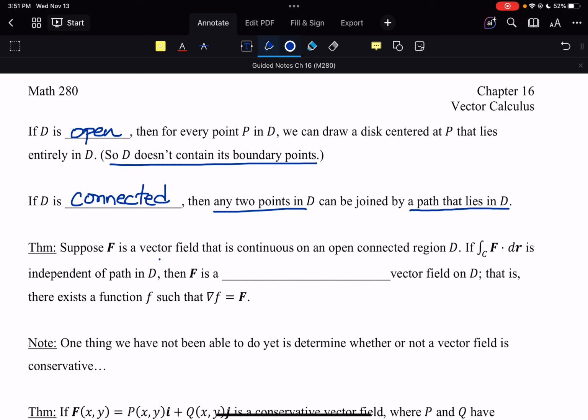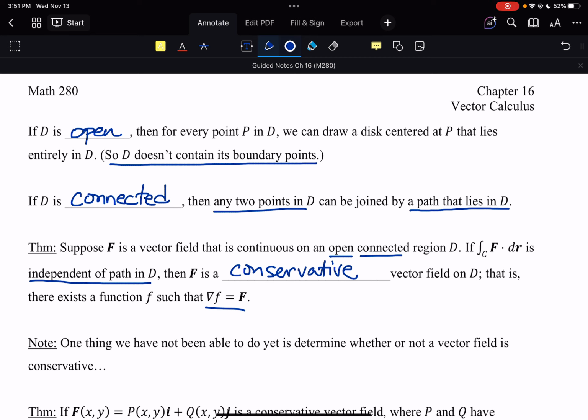So suppose F is a vector field that is continuous on an open connected region D. If the line integral over C is independent of path in D, then F is a conservative vector field on D. That is, there exists a function such that the gradient of little f equals the vector field.